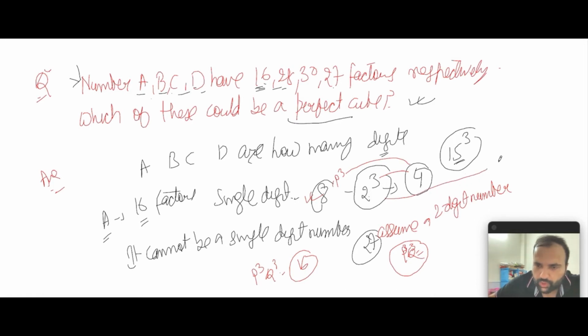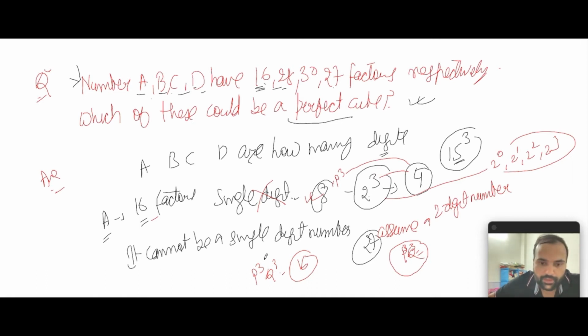How? 2 cube means 2 to the 0, 2 to the 1, 2 squared, and 2 cube, only 4 factors. But what does it say? It says that A has 16 factors. So certainly it cannot be a single digit number. Now we are assuming a 2-digit number PQ, because after 2 cube all the perfect cubes are above single digit.